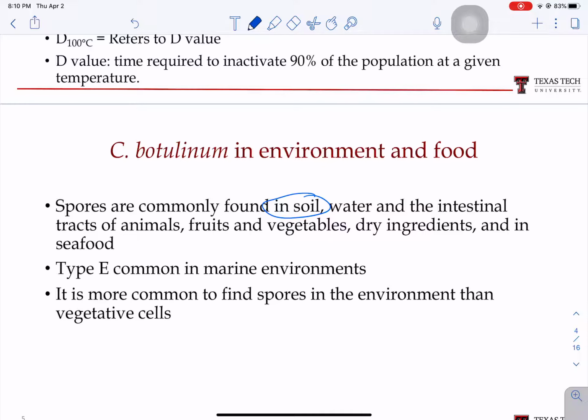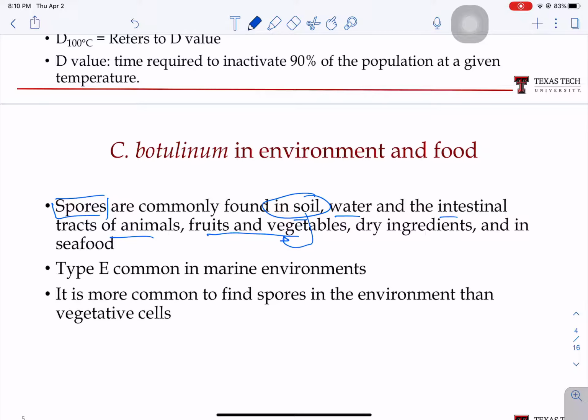So what that means is in the environment, you're not necessarily going to find free cells. Usually we find the spores of these microorganisms. So you can find the spores in soil, in water, in the GI tract of animals. It has been reported some animals carrying these spores. Produce is also mentioned, and I think that's because of the soil, because really produce is not a source of this microorganism, it's the soil.